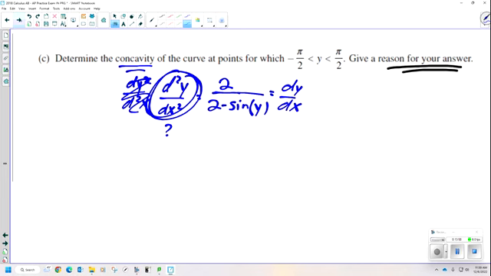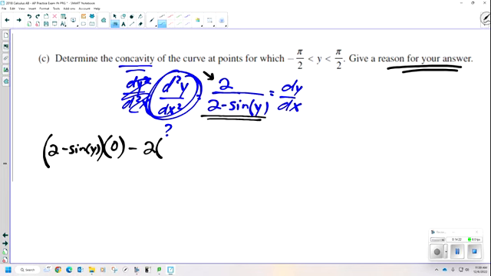So we need to take the derivative of the first derivative. This is definitely a quotient rule. Low, which is 2 minus the sine of y, d high, the derivative of 2 is 0. That makes everything go bye-bye. Low d high minus high, which is 2, times d low.